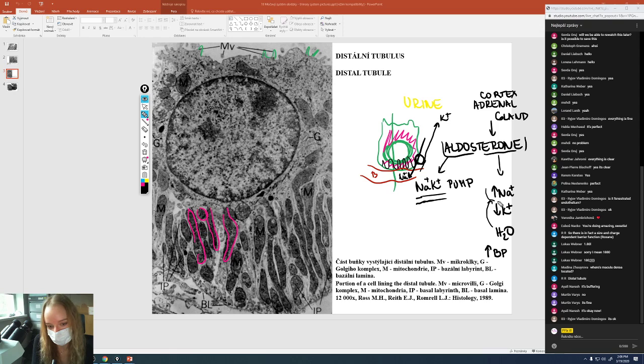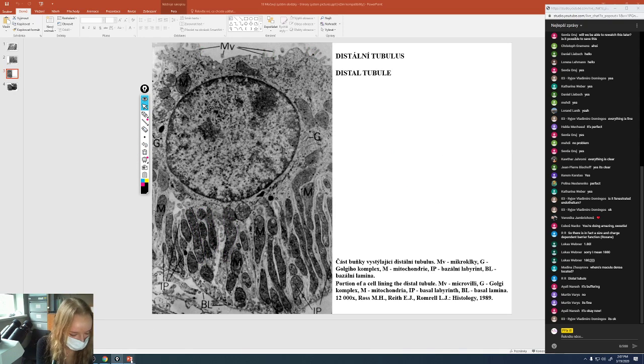You're absorbing more sodium, and you need a pump and some energy for that. So that's why the distal tubule is also eosinophilic, and it has many other pumps, but this pump is the most important here, I guess.